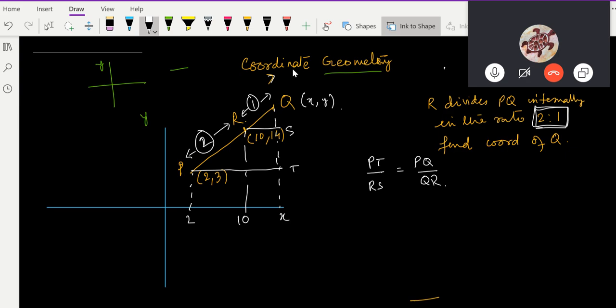What is PT? PT is x minus 2. RS is x minus 10. And PQ?